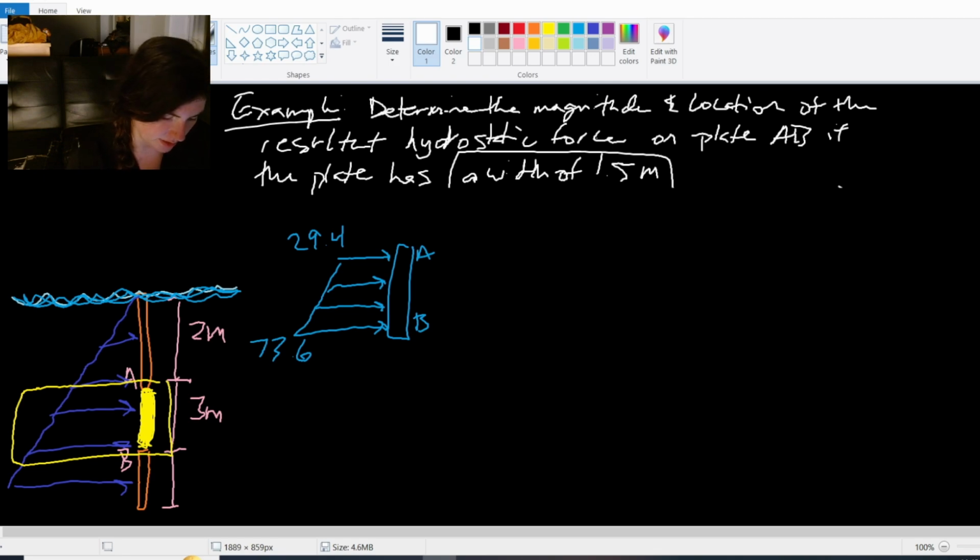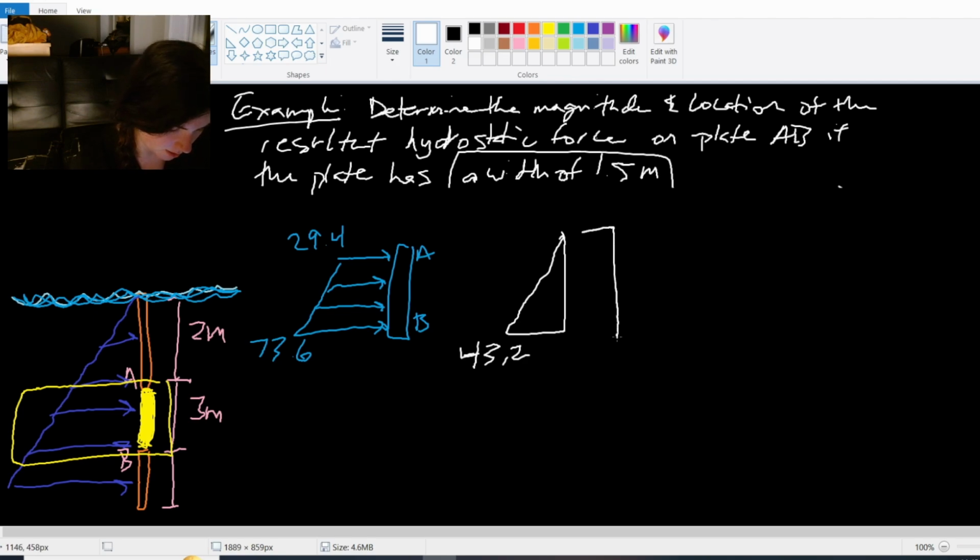Right, so I can separate these out, and I know that I'll have this triangle that has a height of whatever 73.6 minus 29.4 is. What is that, like 43.2, something like that, 44.2, somewhere around there.